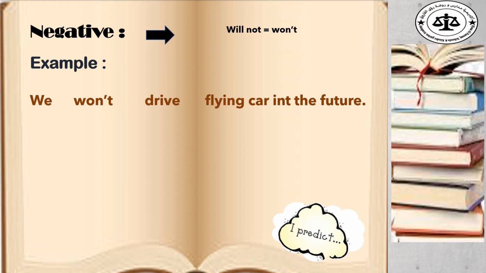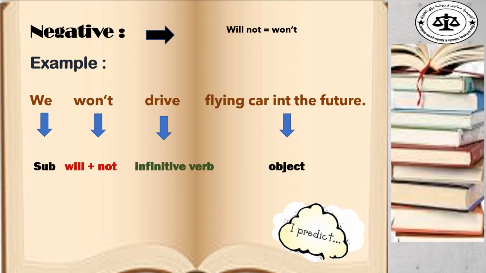We add not with will, so it will be won't. We is the subject, will not, and the infinitive verb, excellent, drive flying cars in the future. So this is the negative form of will.